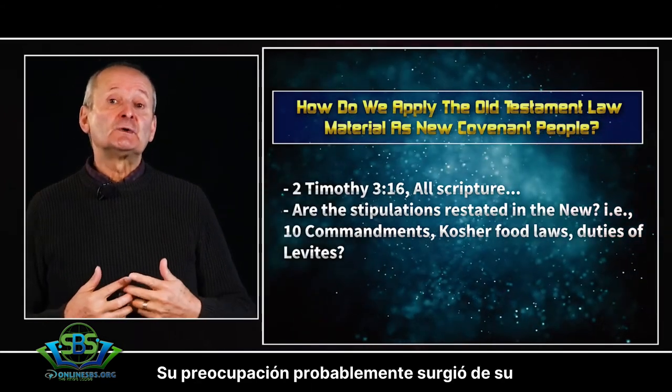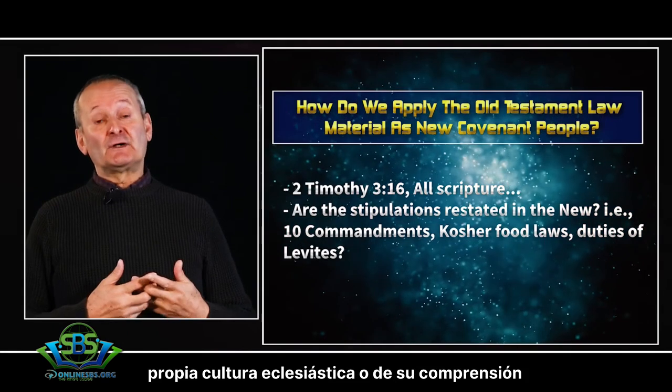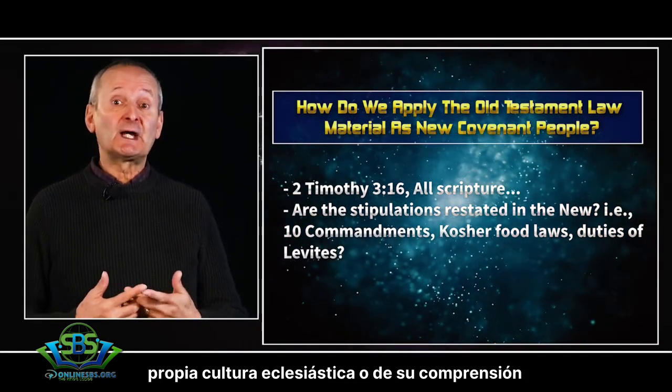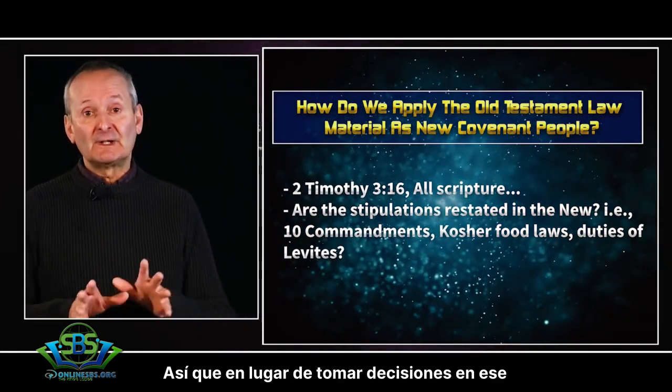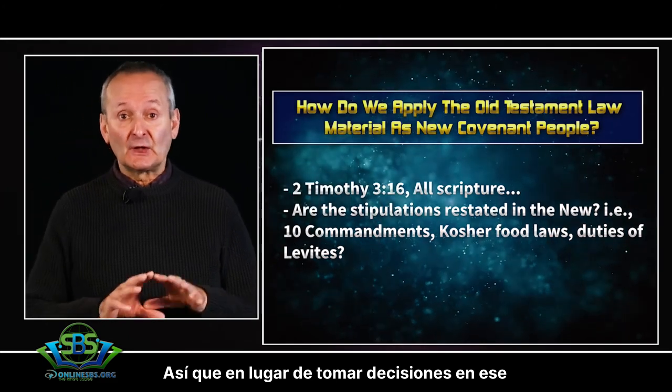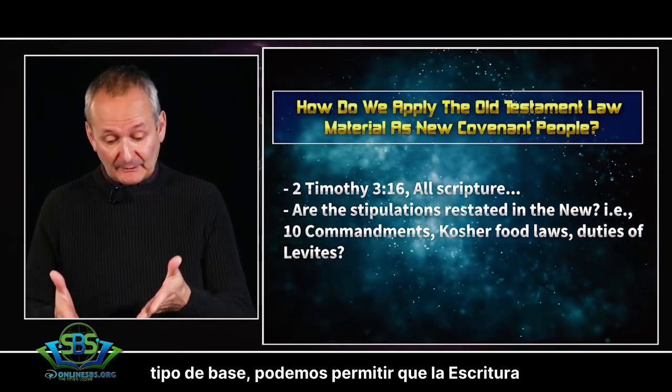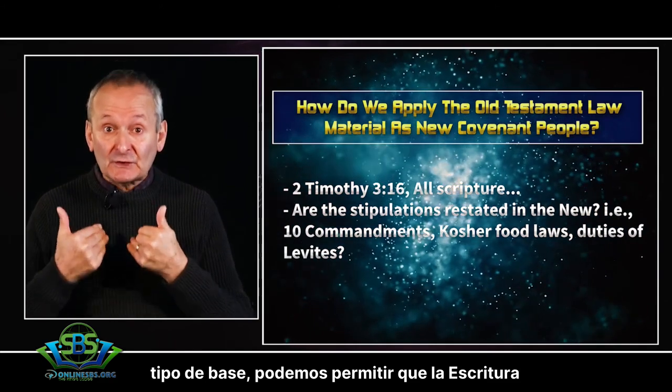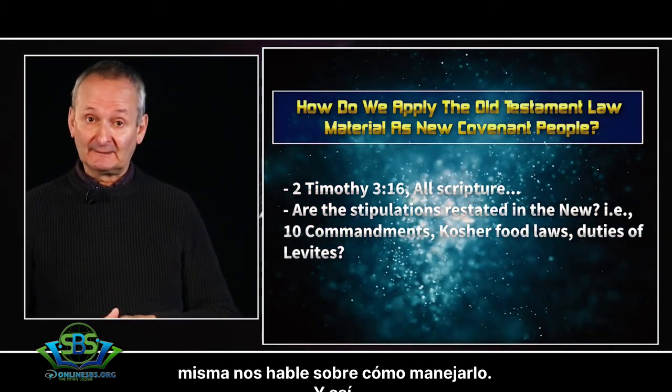Her concern was probably out of her own church culture or denominational understanding. So rather than making decisions on that kind of basis, we're able to let the Scripture itself speak to us as to how we handle this.